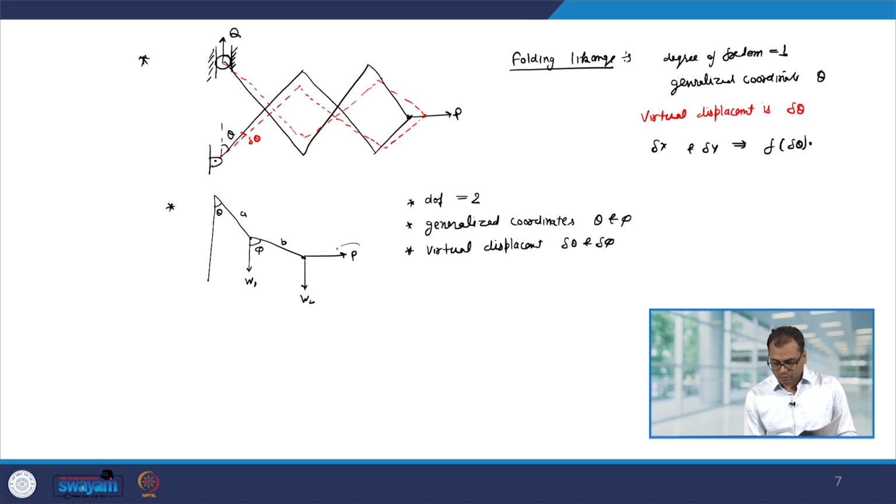Under the action of this force you can assume that this assembly is going to move like that, and this angle is delta theta and this angle is delta phi.